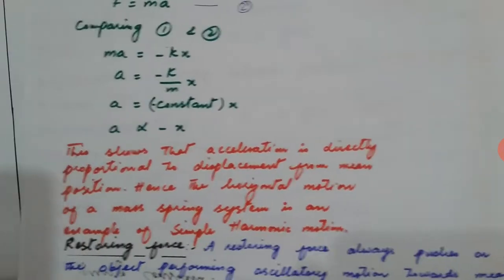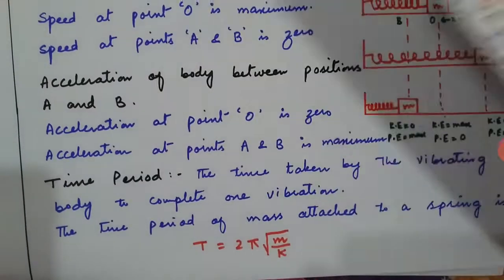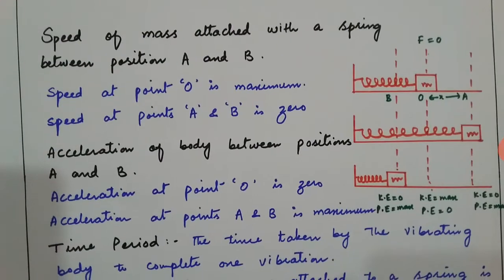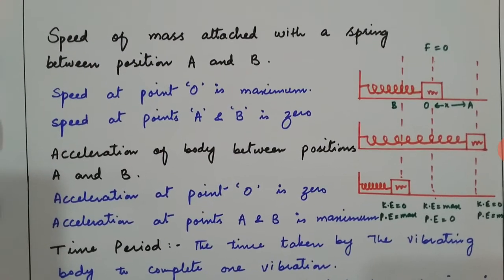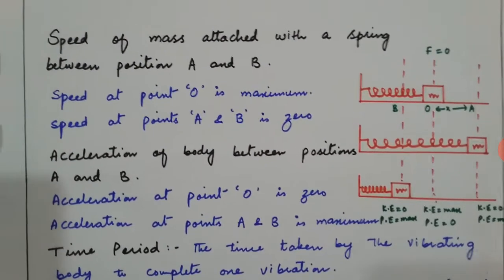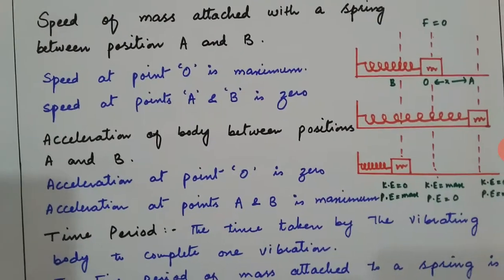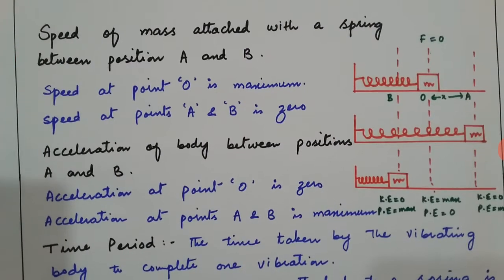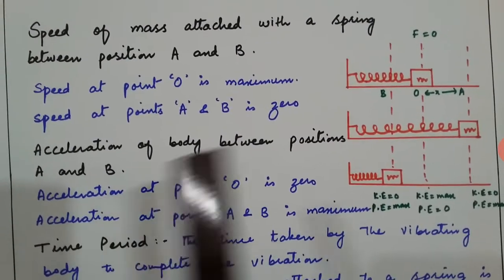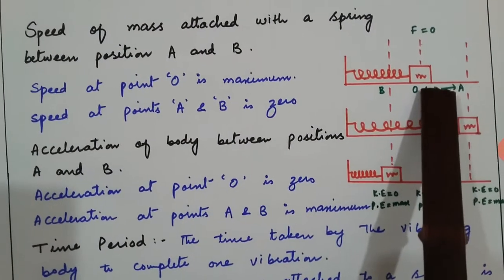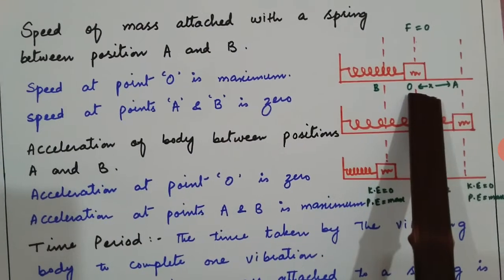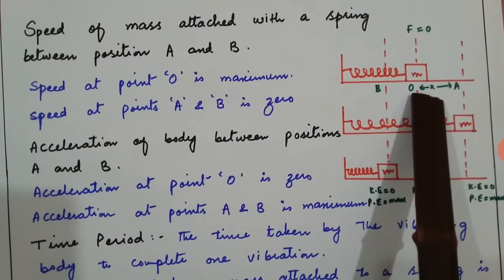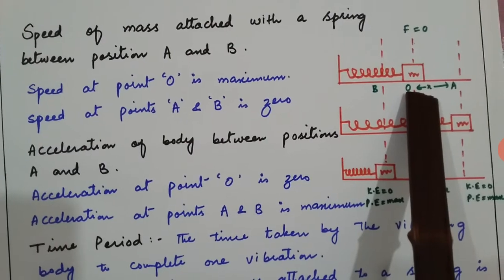Now we will discuss speed and acceleration of the body between positions A and B. At position O, the body is at rest. There is no force acting on the body.